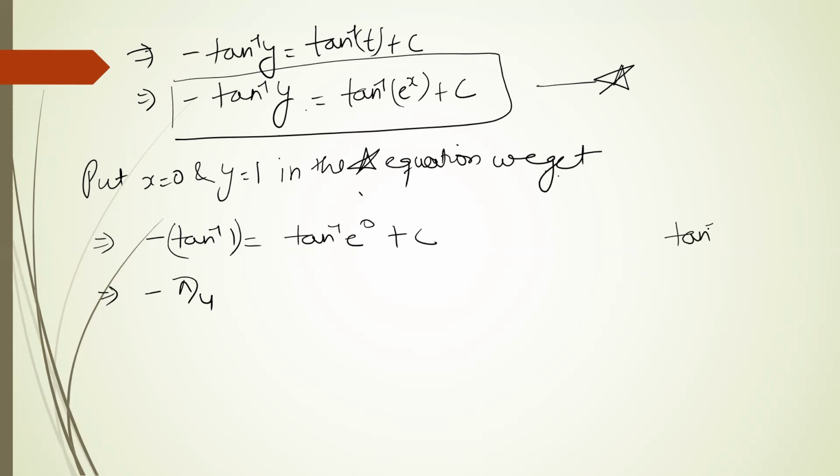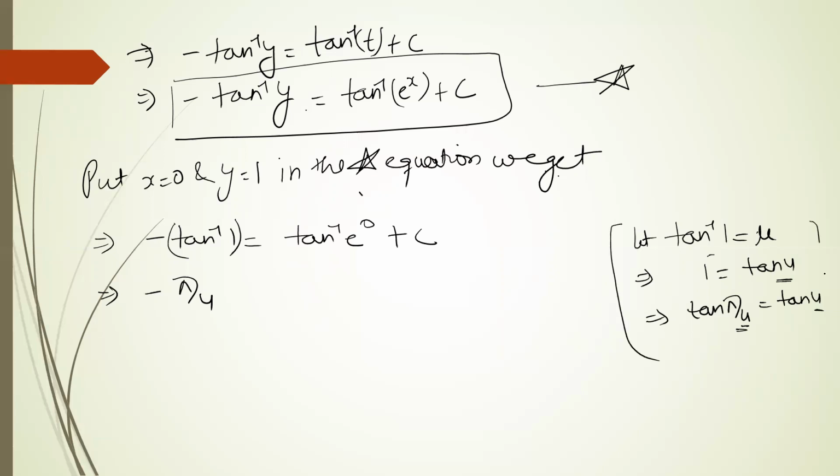Let tan inverse 1 be equal to u, which can be written as 1 is equal to tan u. So what is the value of tan u? When will tan u be 1? It's going to be tan pi by 4, right? And this is tan u. So the value of u is pi by 4. That means tan inverse 1 is going to be pi by 4.